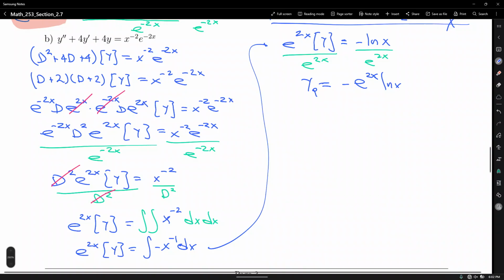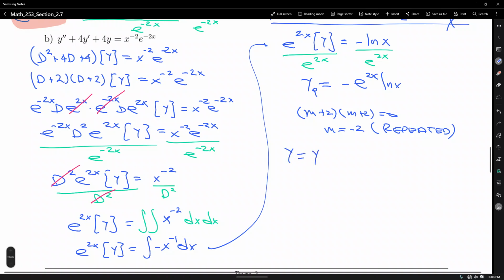For y sub c, now turn it into an equation in terms of m. So m plus 2 times m plus 2, so m equals negative 2 repeated. Okay, so what's next?